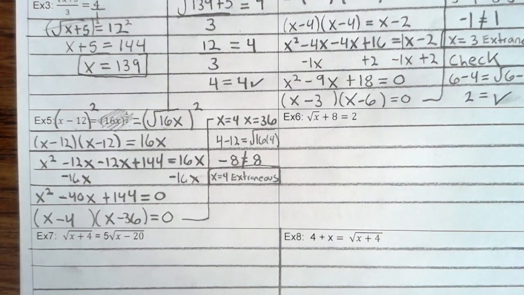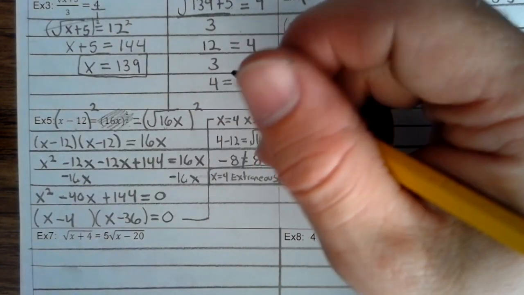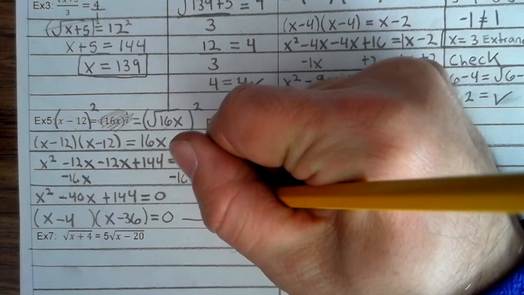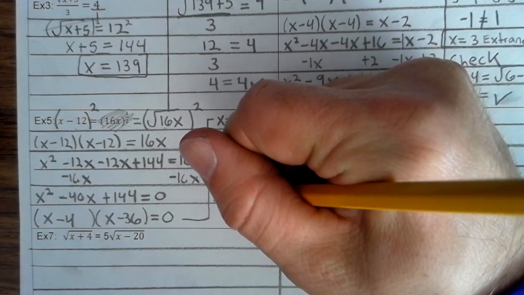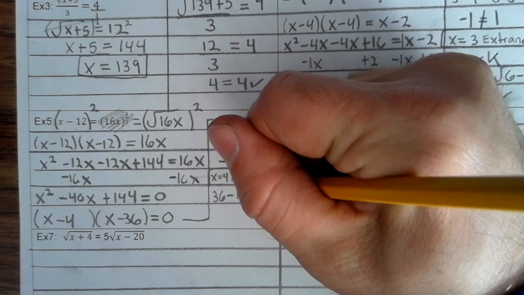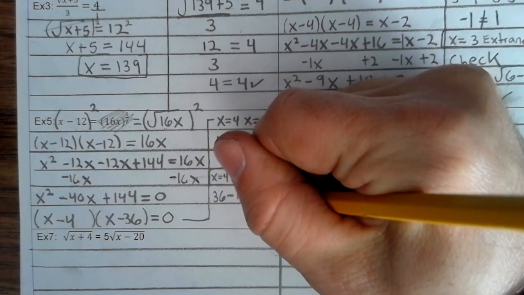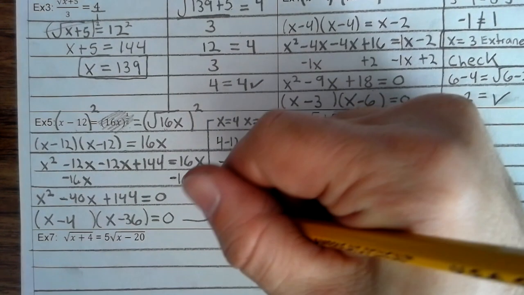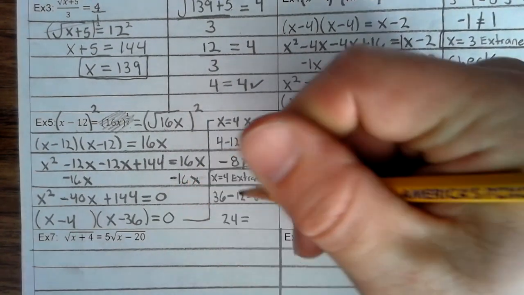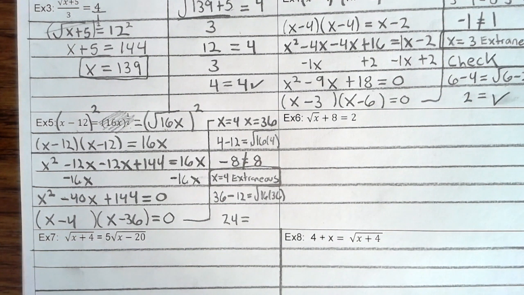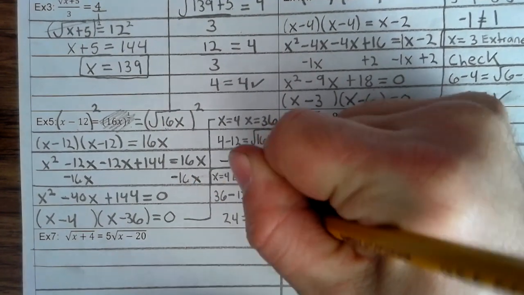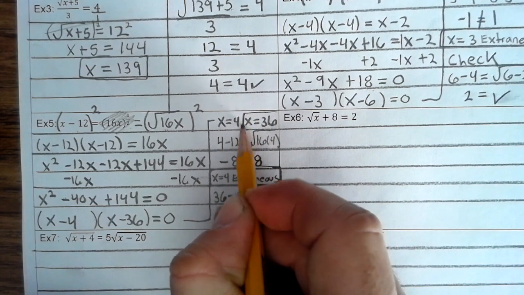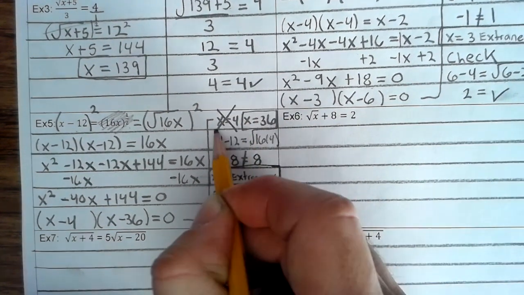Okay, so now let's check x equals 36. So 36 minus 12 equals the square root of 16 times 36. Well, 36 minus 12 is 24. And then 16 times 36 is 576. The square root of 576 is 24. So this checks. So this answer is a solution. This is extraneous.